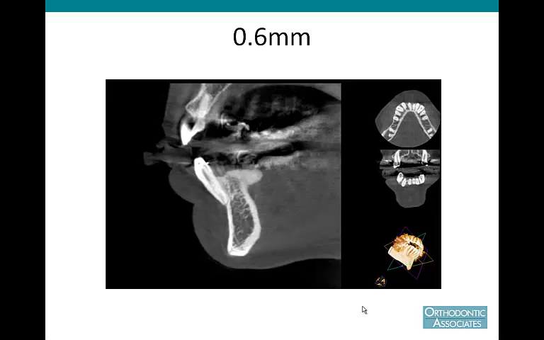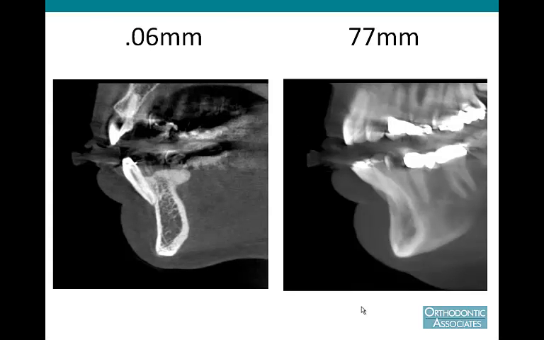And you can see clearly, you get a different picture of the bone support for that lower incisor using cone beam CT versus a standard cephalometric x-ray. And that is why cone beam CT is a game changer for orthodontics. Take a look at the comparison.